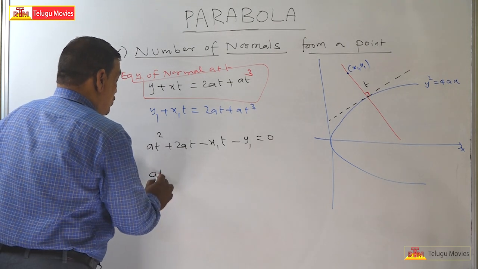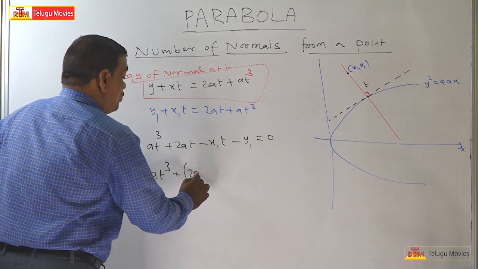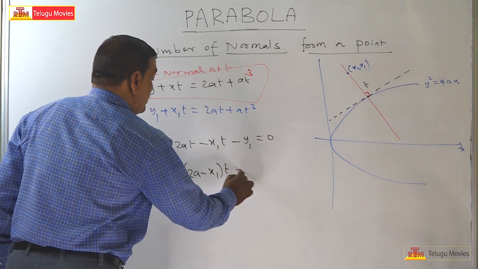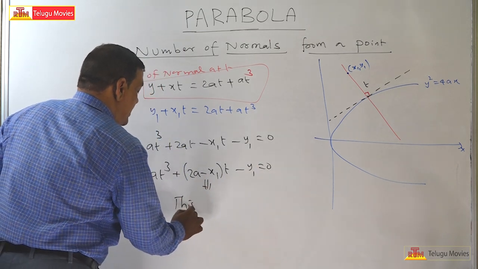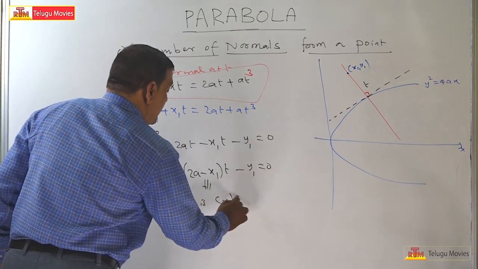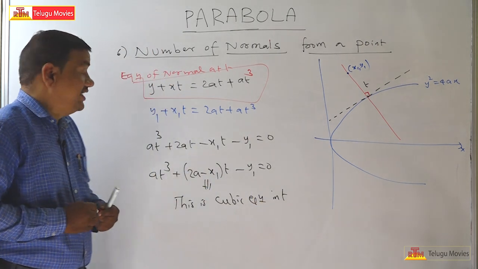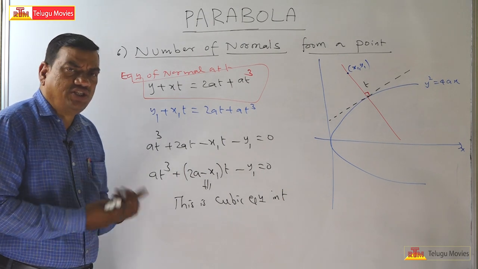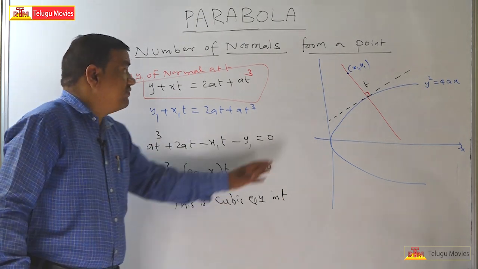So this is at cube plus (2a minus x1) into t minus y1 is equal to 0. This is a cubic equation in t. T cube, of course t square is not there, t cube, t, and some constant. x1, y1 is a constant.